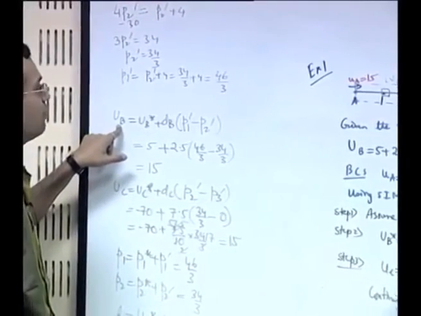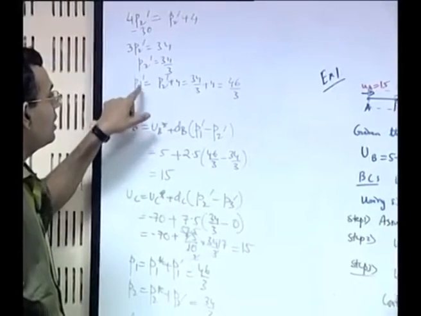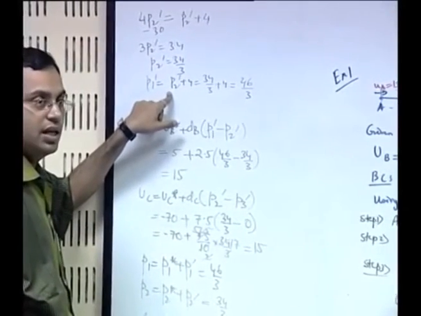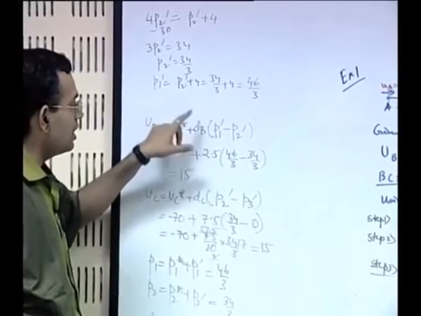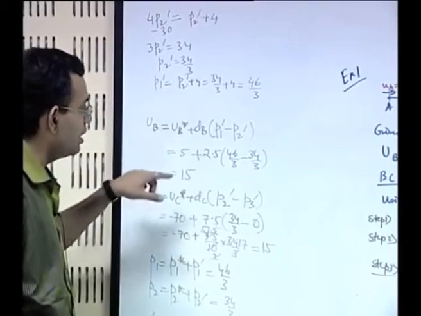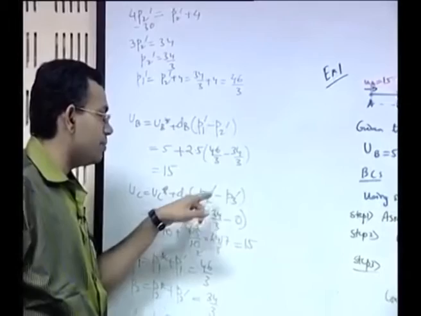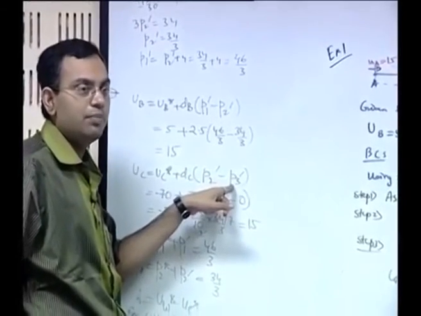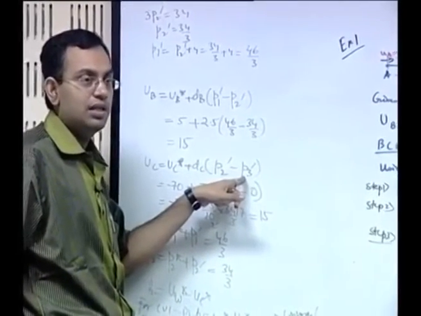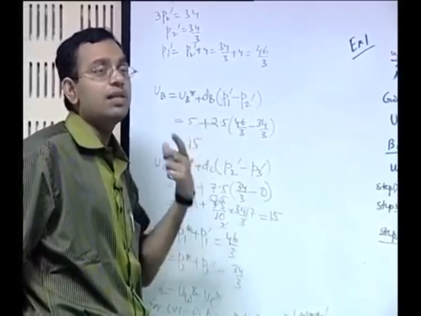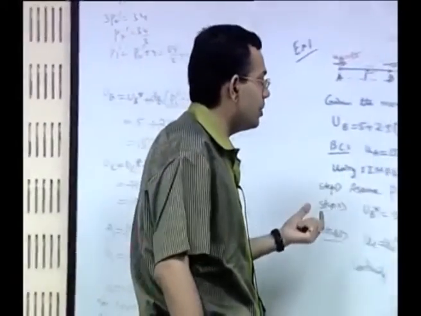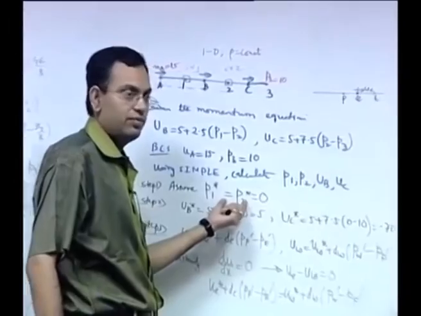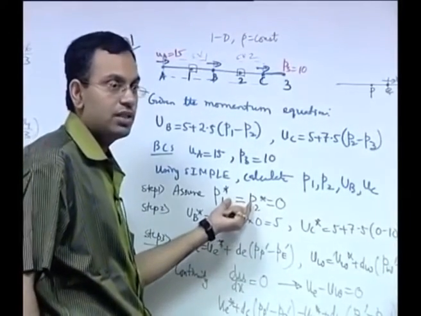So, P1 prime minus P2 prime equal to 4, that was the sole important thing for dictating what is UB. So, even if P1 prime was P1 prime plus C and P2 prime was P2 prime plus C, that would not have created any difference. Similarly, even if P2 prime was P2 prime plus C and P3 prime was P3 prime plus C, that would not have created any difference. That plus C could have come from a different initial guess of P1 star and P2 star.